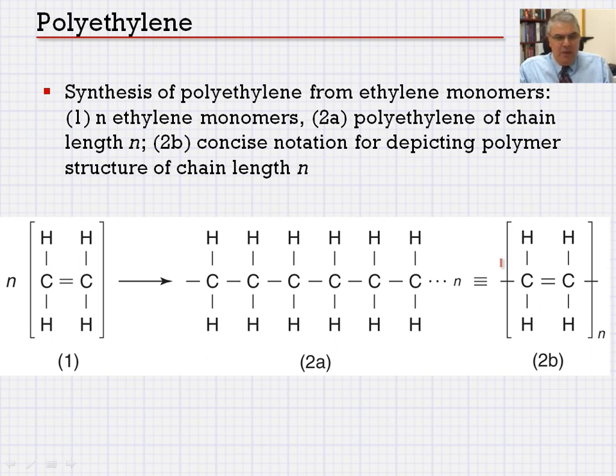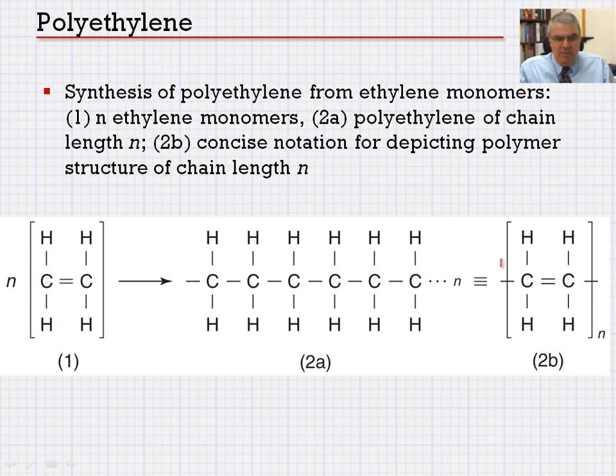So let's take a look at polyethylene. Here's an example of synthesis of a polyethylene from ethylene monomers. First, we have N ethylene monomers, and then we try to have a long chain out of that.